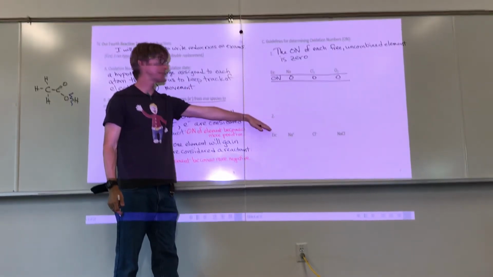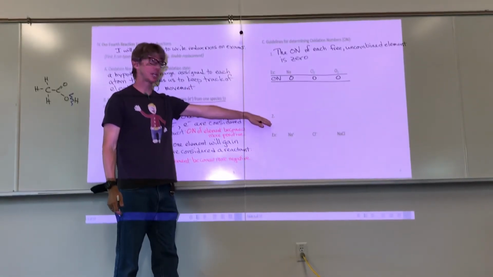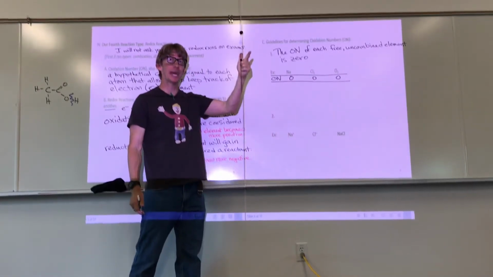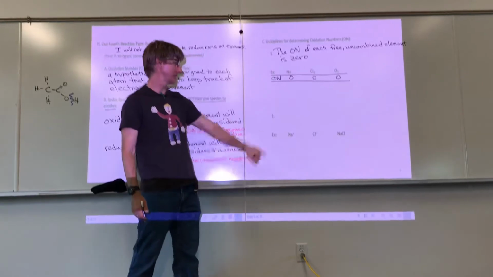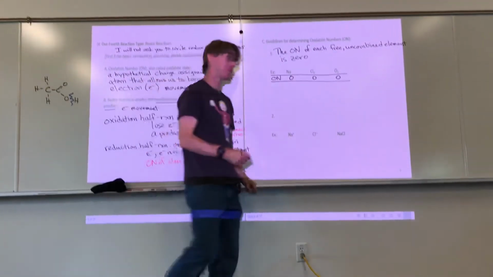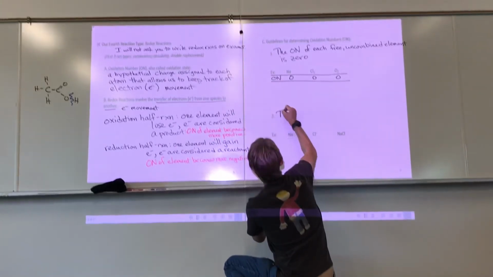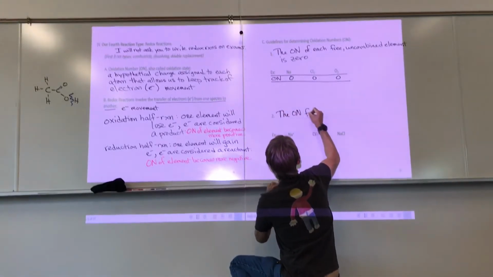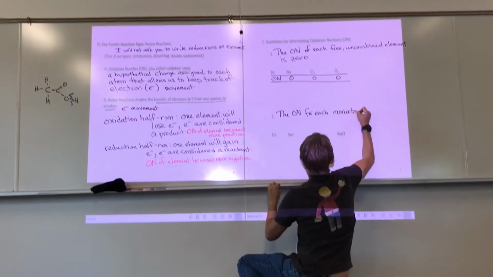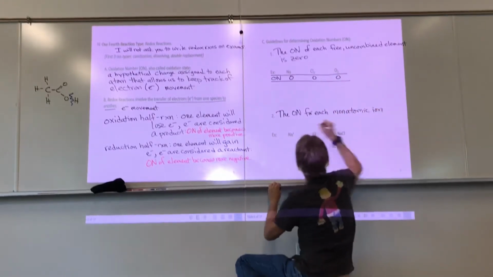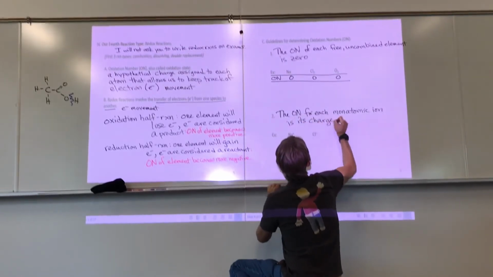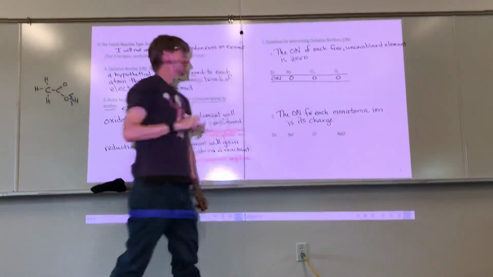If not, then guideline number 2. The oxidation number of each monatomic ion, mono, one atom, each one-atom ion, is its charge. The ON for each monatomic ion is its charge.